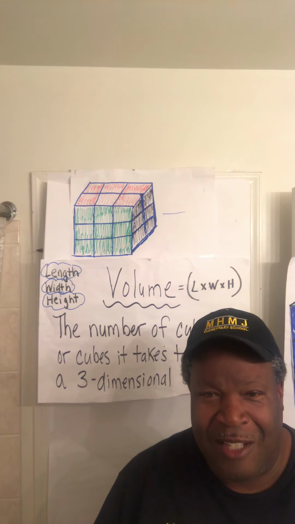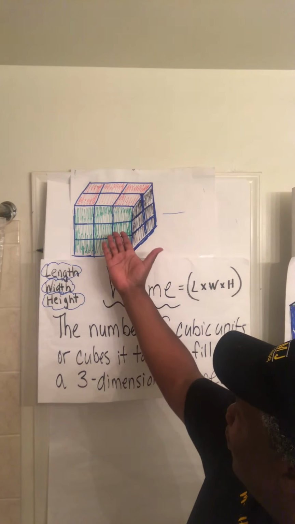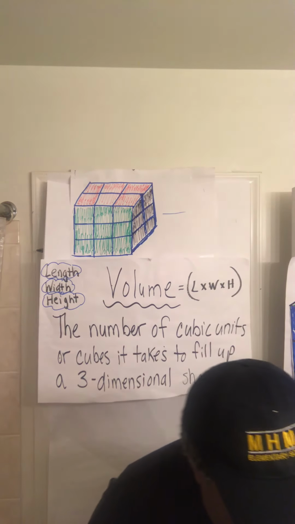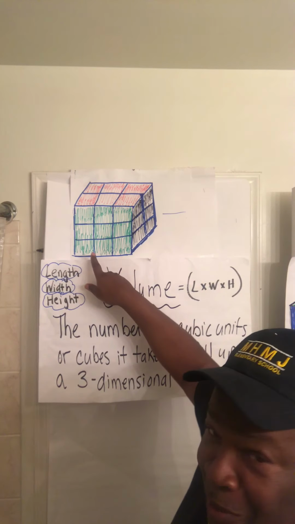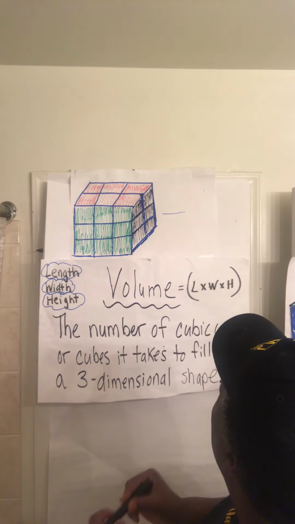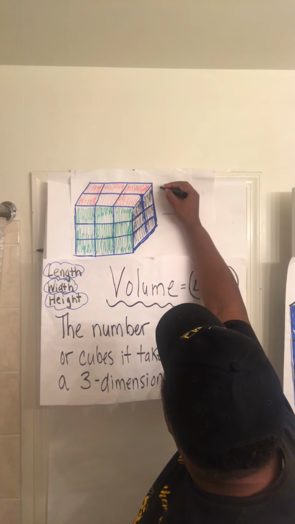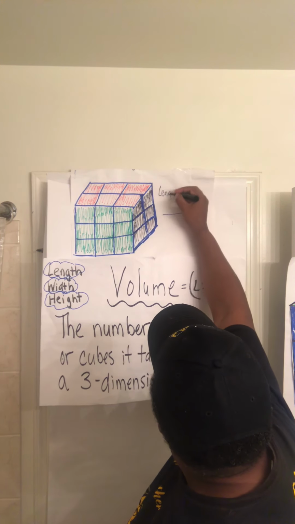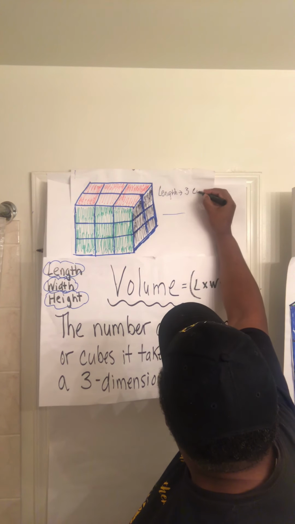Welcome back. Let's take some time to discuss how to determine the volume for this rectangular prism. First of all, you notice that this rectangular prism has a length of 3 units, or 3 cubic units. So the length is 3 cubes.